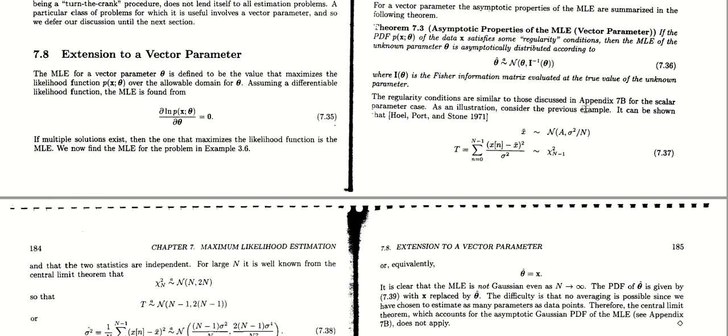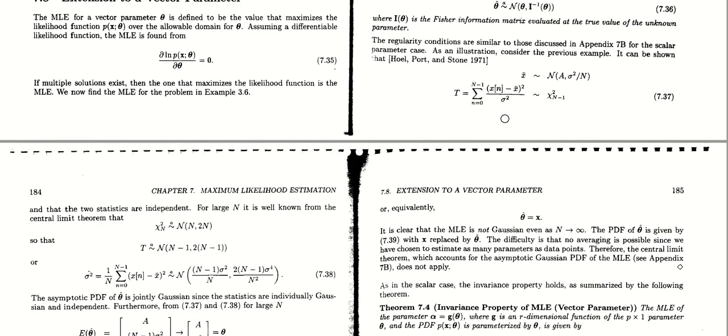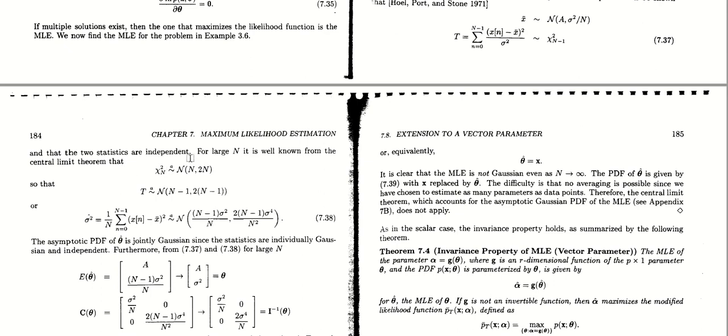But we consider the previous example, we get something like this, right? We get X bar distributed by A, sigma square over N, and then 记得吗？我们有这个 statistic，这个 statistic 是 chi-square to the degree of n minus one 的。Okay, so for large n, it's well known from central limit theorem.